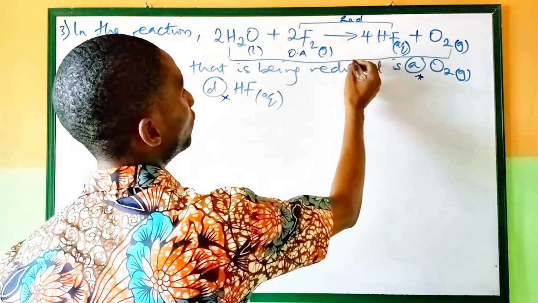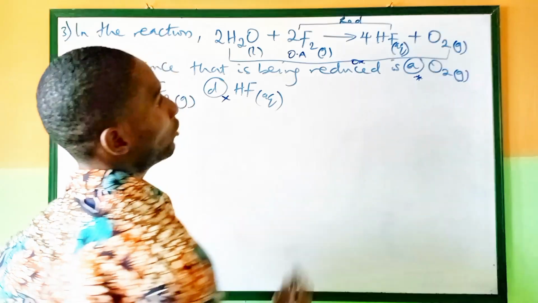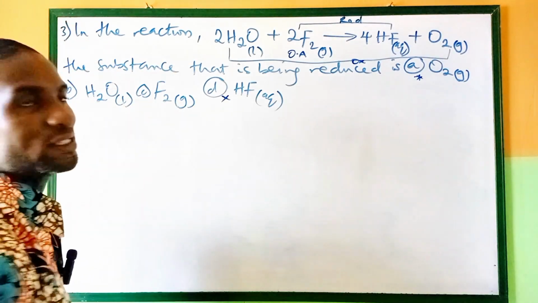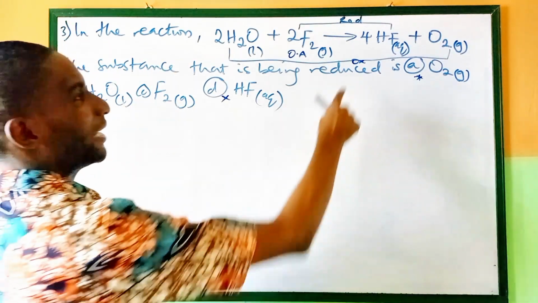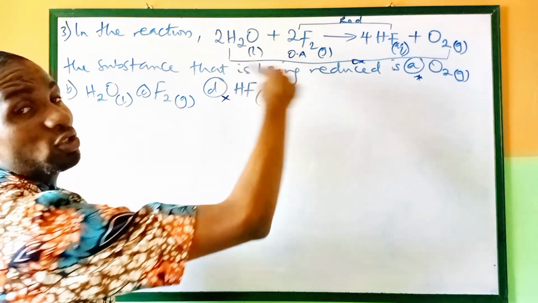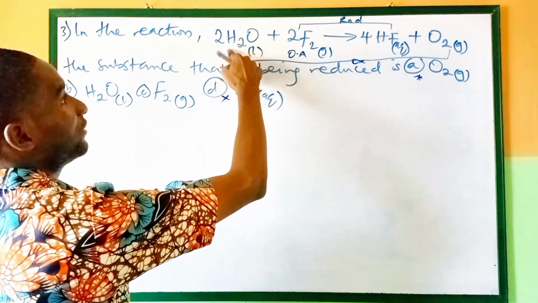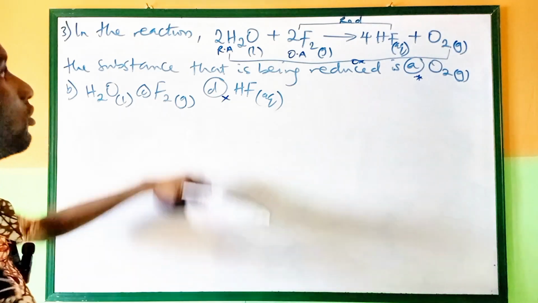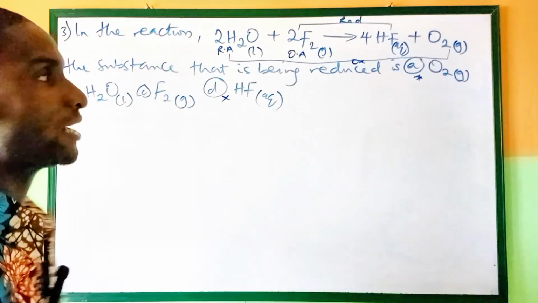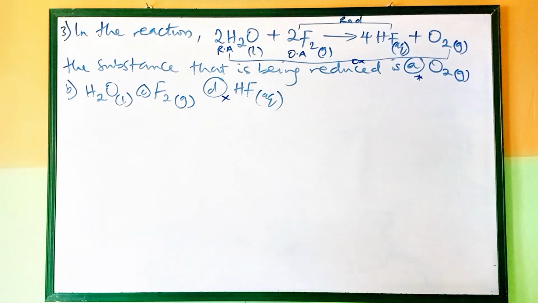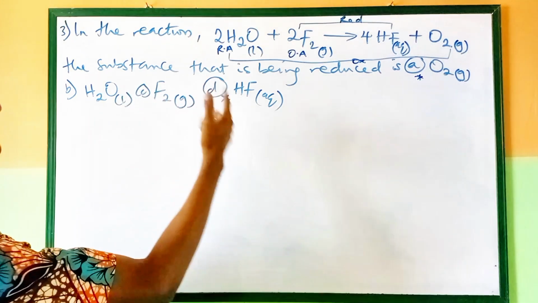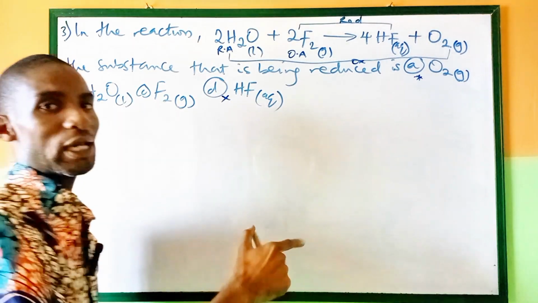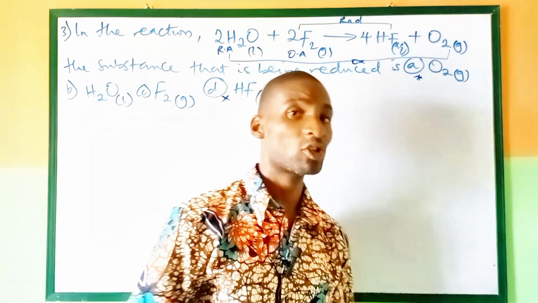So this is our oxidation chain. So for that reason, you cannot find an oxidizing agent in an oxidation chain. What you find here is a reducing agent. Therefore, this is our reducing agent. So this is the reducing agent, this is our oxidizing agent. So the question says, in the reaction, the substance that is being reduced, I told you the reducing agent cannot be reduced.